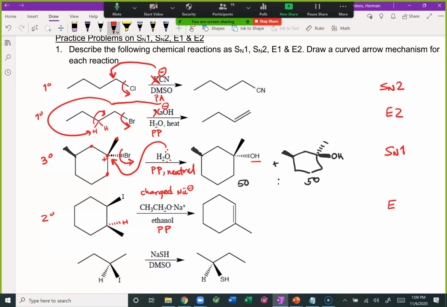So you had to grab the H, the proton that is anti-periplanar to the leaving group, right? We talked about that last time. And so the sodium is a spectator ion. The base grabs the H and makes a double bond and kicks it out. Because it was charged, I can say with confidence that this is an E2 reaction.